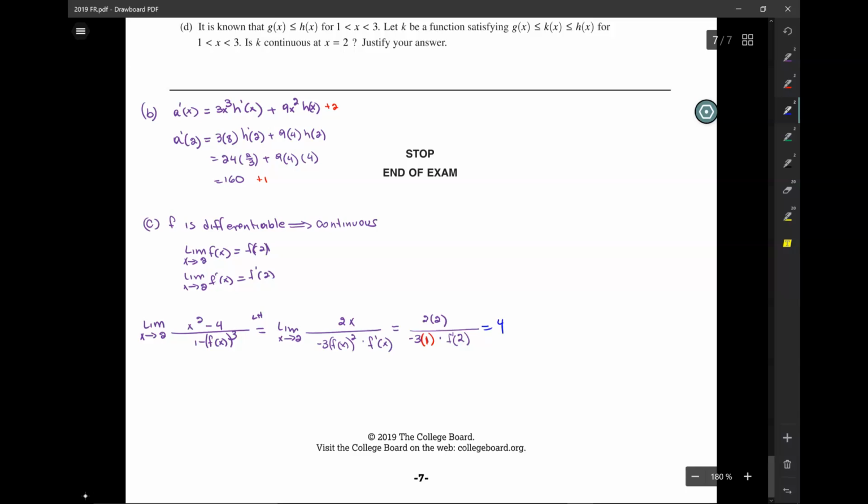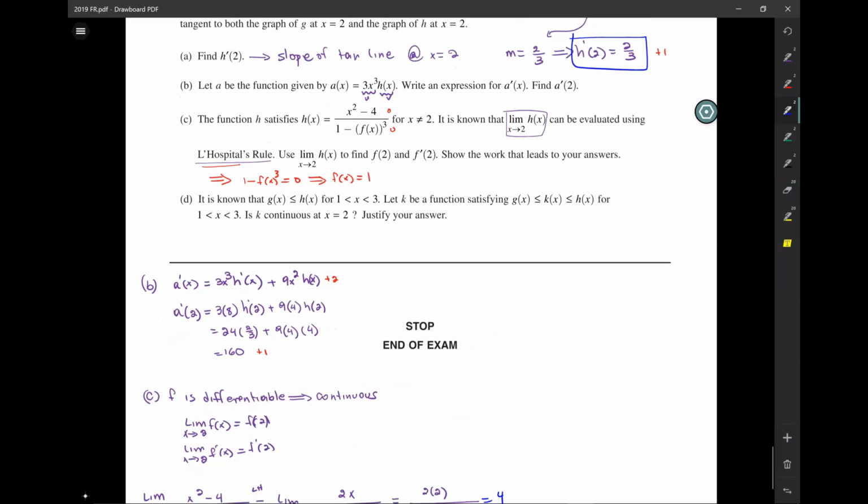And then you solve for f prime of 2. F prime of 2 is equal to negative 1/3. So this is sort of an involved problem. Here you have to do a over negative 3 times something equal to 4. So, lots of things here. Let's review.